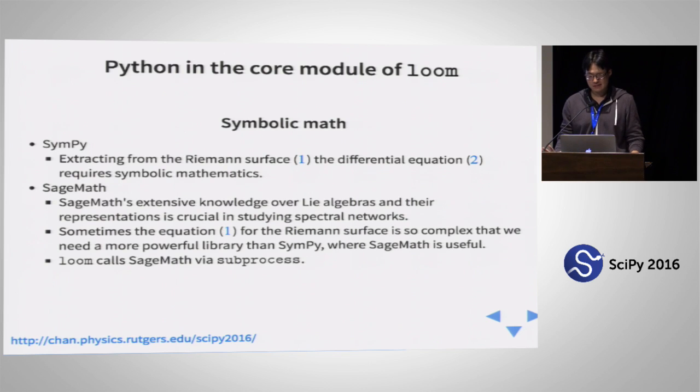Sometimes this equation for the Riemann surface can be a bit complicated, and in that case SciPy has been quite useful, and also SciPy's extensive knowledge of Lie algebras and their representations has been very crucial in studying spectral networks. But SciPy itself is not a Python library, so it has to be called by Loom using Python's subprocess module.